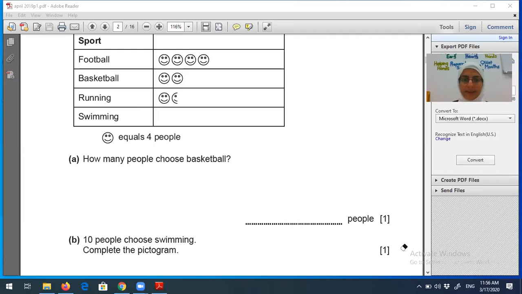Let's go to the next part. The second question is telling you 10 people choose swimming. Complete the pictogram. You know that every one face gives you 4 people. So you're going to draw how many faces? Let's think. If you divide 10 by 4, it will give you 2.5. So how can I draw this in the pictogram?